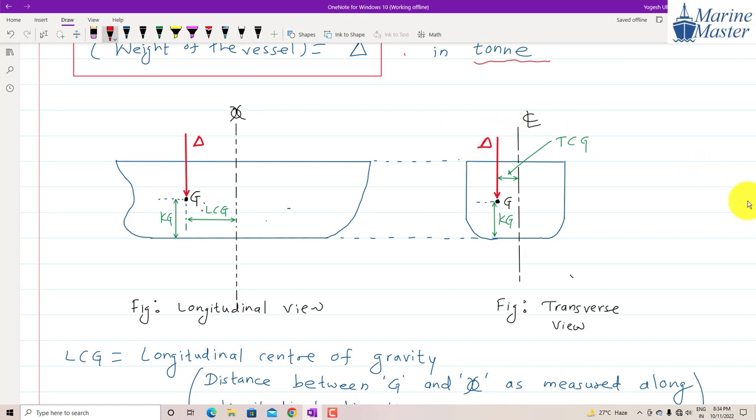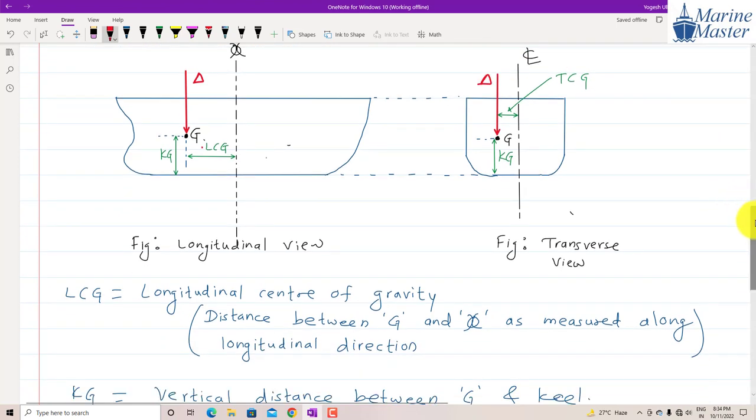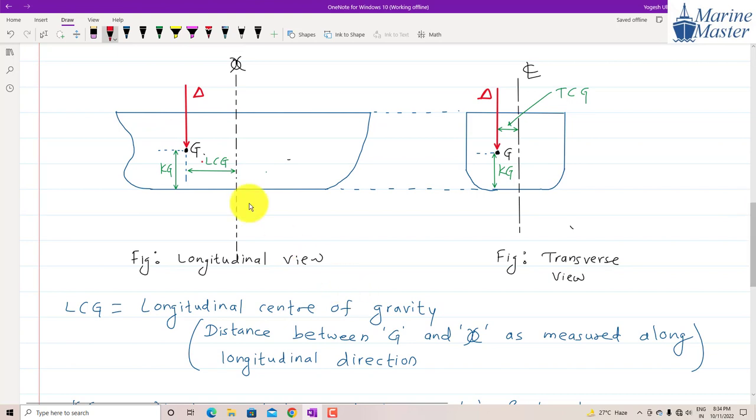Before going further, please everyone try to draw this figure properly, the longitudinal view and the transverse view. Then try to write down this LCG discussion. Please everyone complete this discussion.